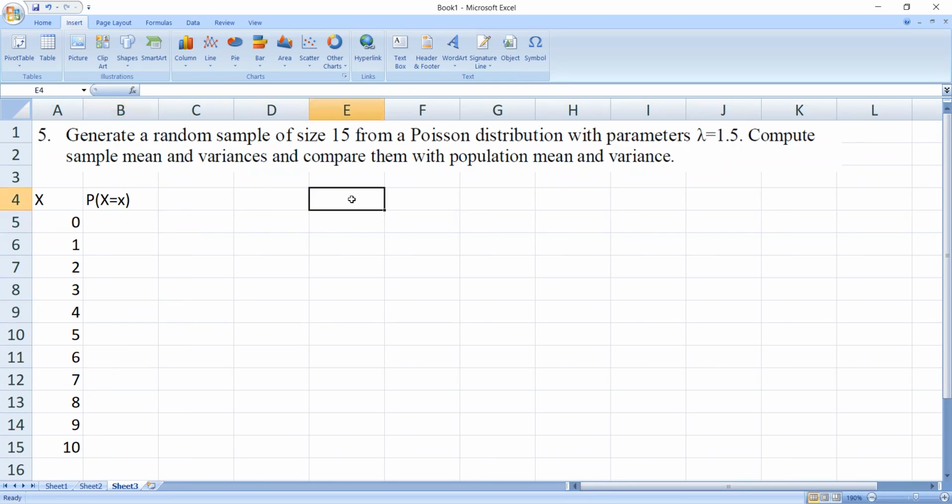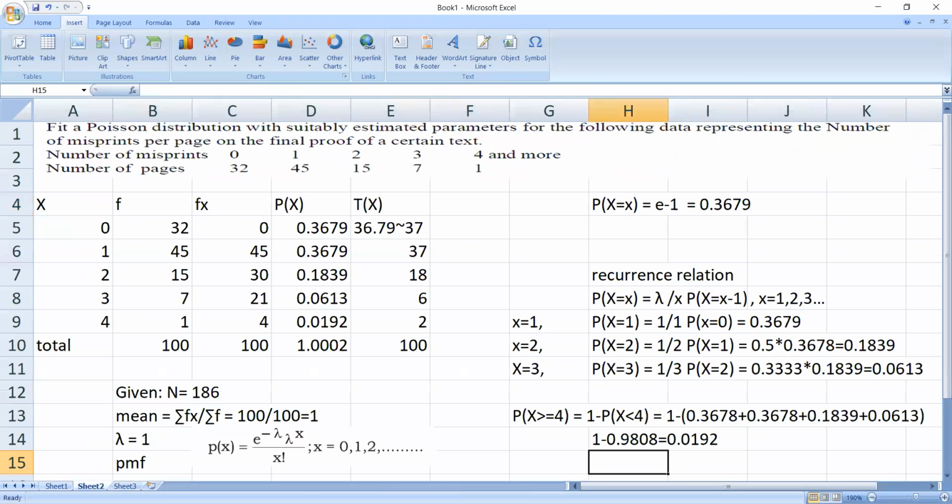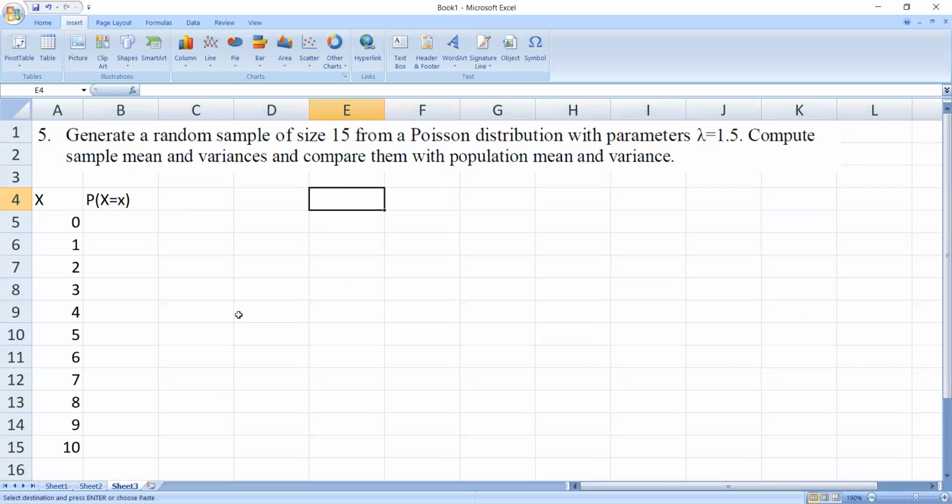Now what does the question say? I have to generate 15 values from this bucket of x, where I have lambda is equal to 1.5. So since lambda is known, I can easily compute the probabilities. So we have the PMF.